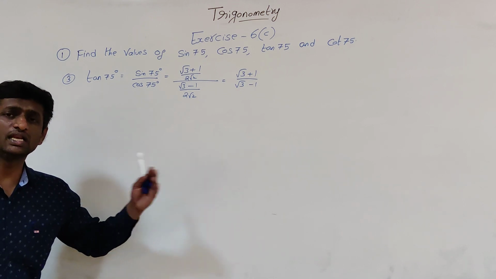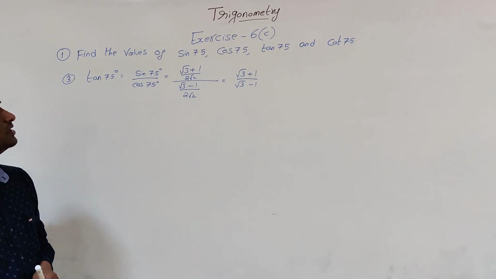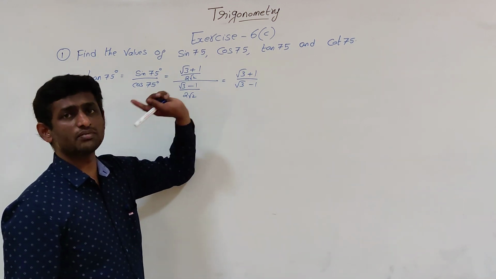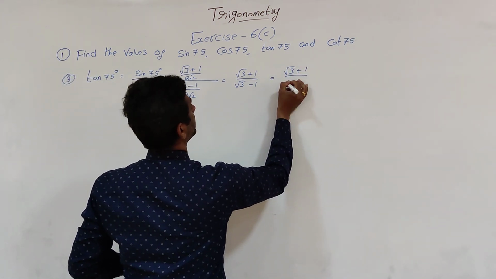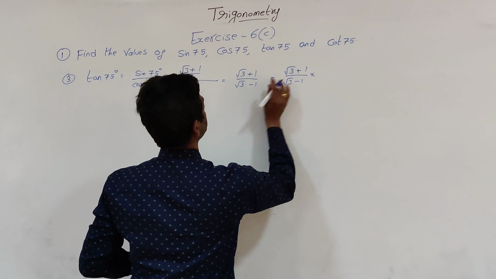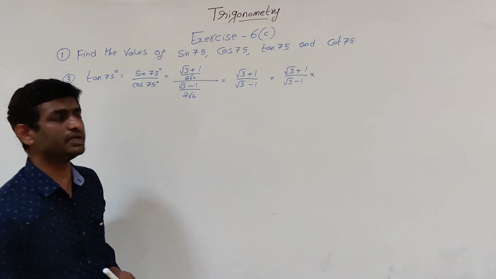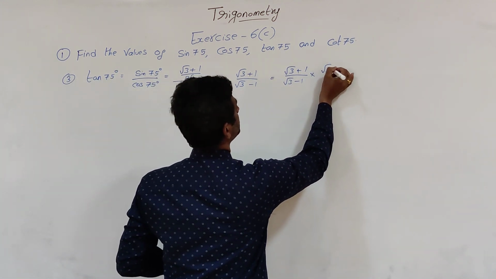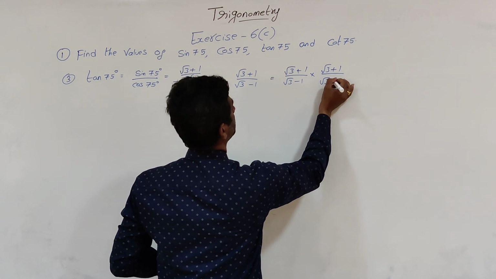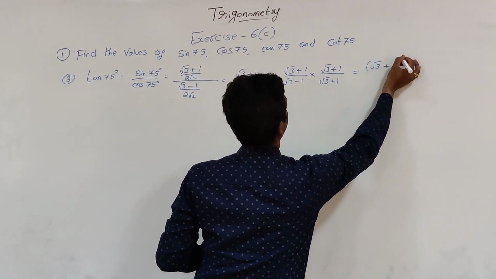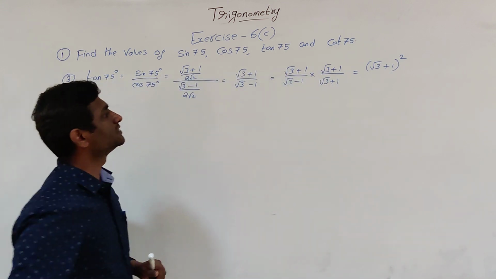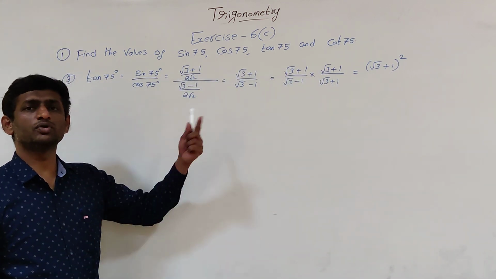Or we can still rationalize the denominator. Root 3 plus 1 by root 3 minus 1. The rationalizing factor of root 3 minus 1 will be root 3 plus 1. So we get root 3 plus 1 by root 3 plus 1, which is root 3 plus 1 whole square, because the numerator is in the form a plus b into a plus b, a plus b whole square.